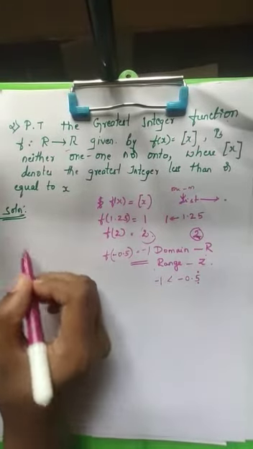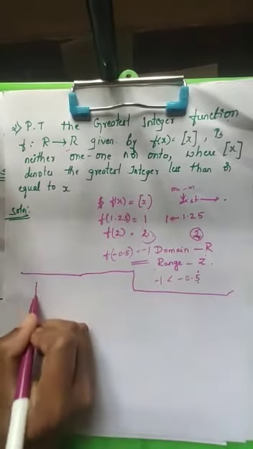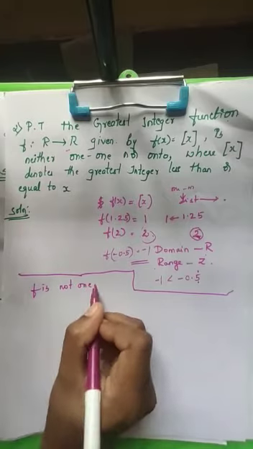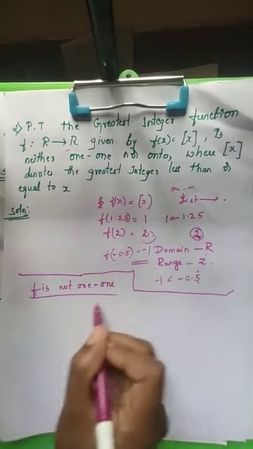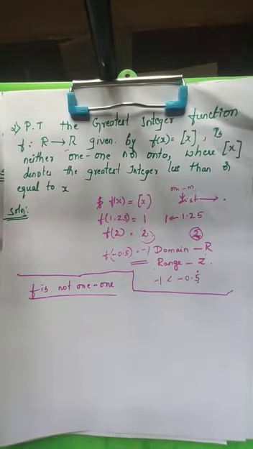Now we have to show that the given function f is not 1-1. When you have to show that it is false, that is, it is not 1-1, what did I say? You have to take an example. What is the definition of a 1-1 function? Distinct elements from the domain should go to distinct elements in the codomain.